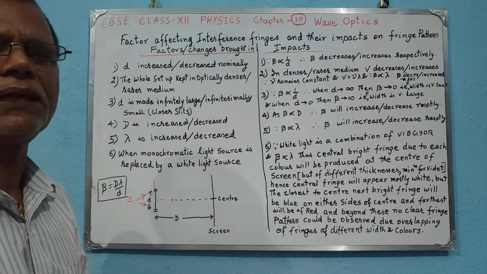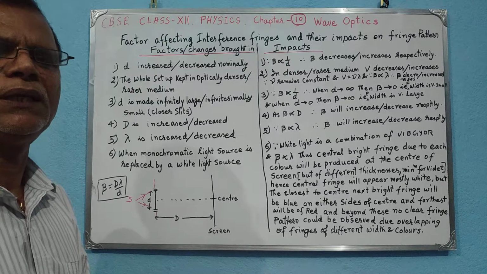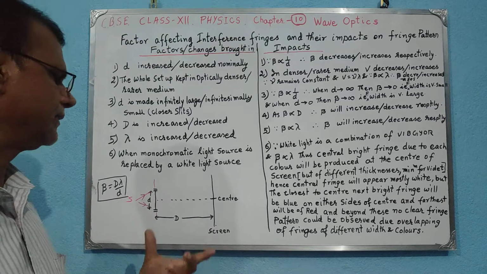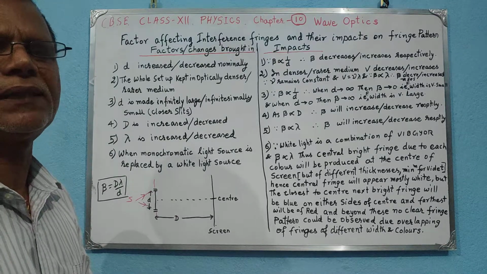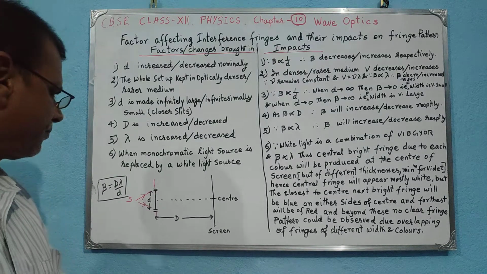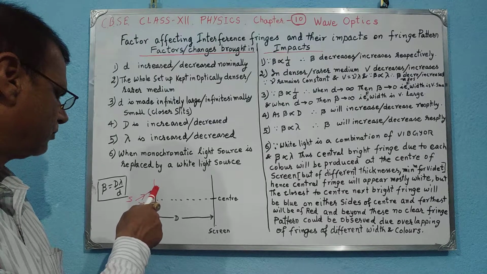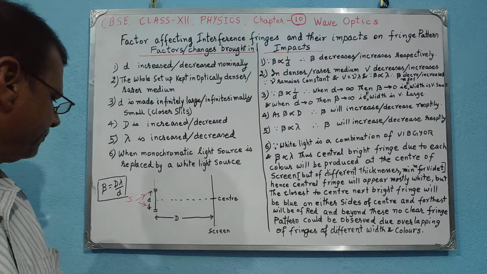So capital D lambda by d, where we know the meaning of these things. Capital D is the distance of the screen from the slits. Small d is the separation between the two narrow slits, which serve as coherent sources of light.